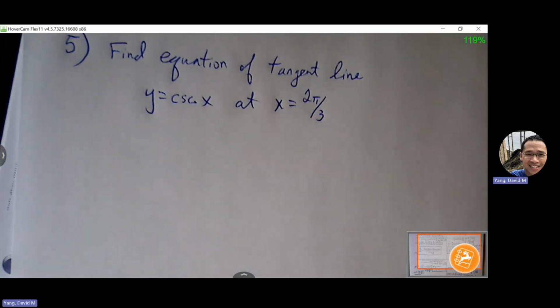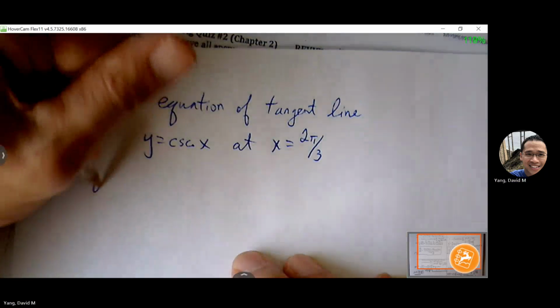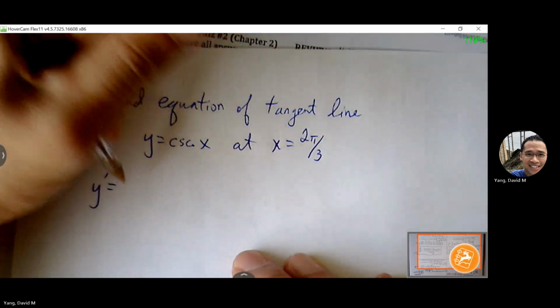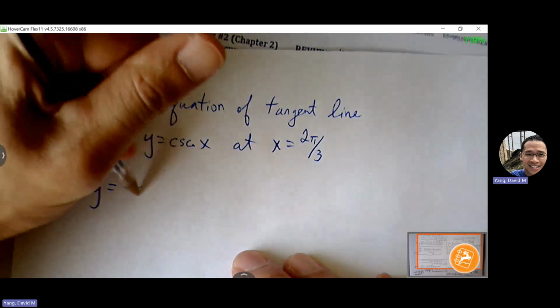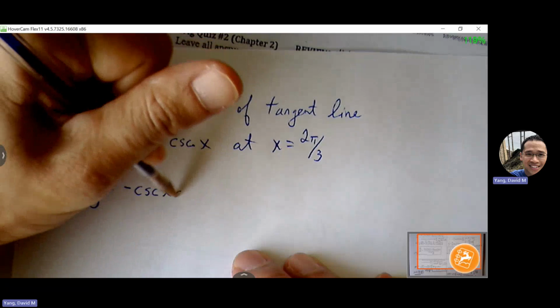So for a tangent line equation, we need to find an ordered pair, we need to find the slope through the derivative, and then point slope form. All right, let's get our derivative. Cosecant's derivative is negative cosecant cotangent.